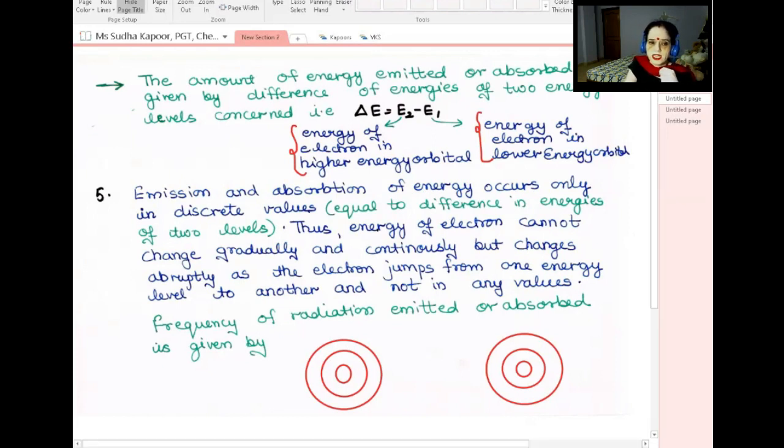The next point explains emission and absorption of energy. We must always remember that all of the work is done in particular discrete amounts.